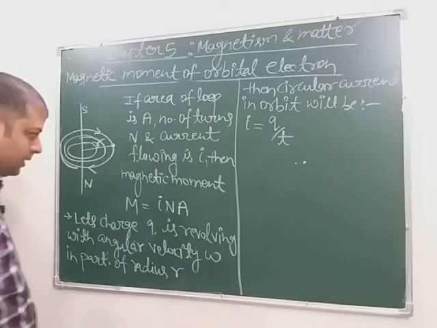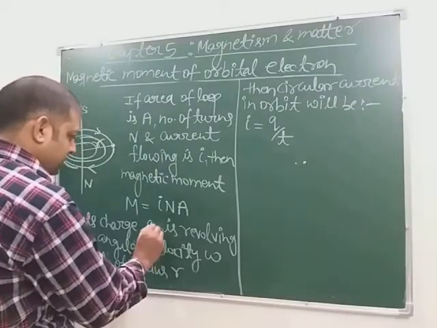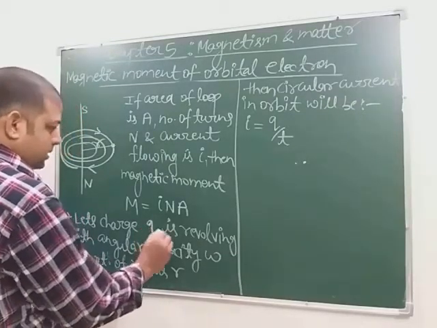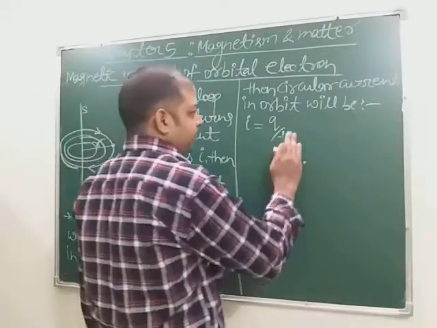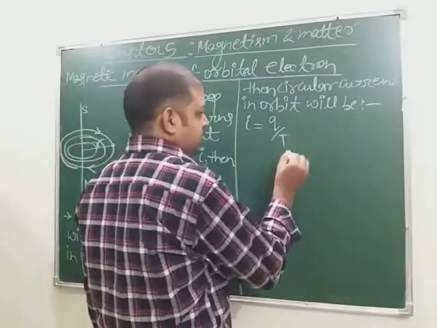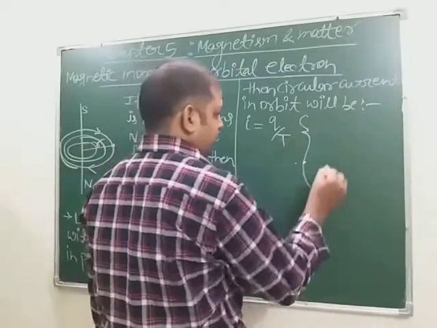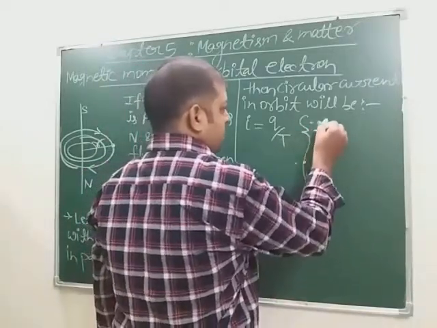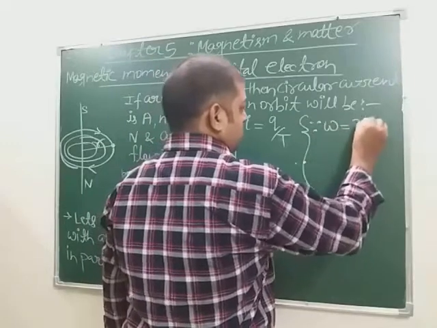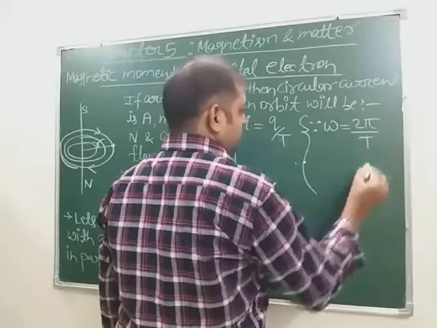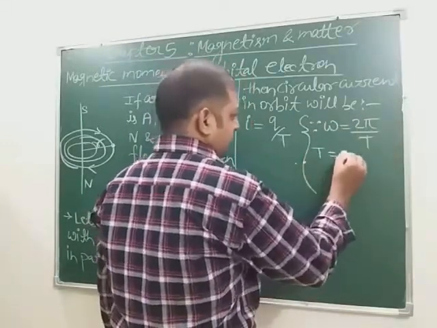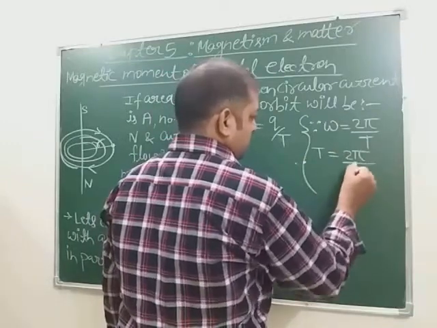Definitely we can. How? If you take capital T, we can write, since omega is equal to 2 pi upon T, therefore T is equal to 2 pi upon omega.